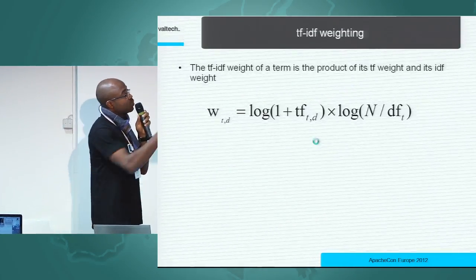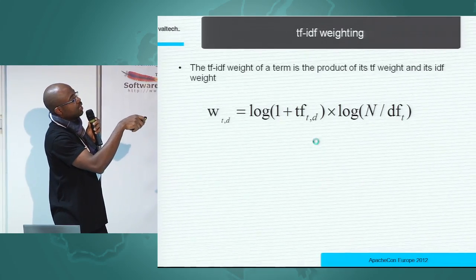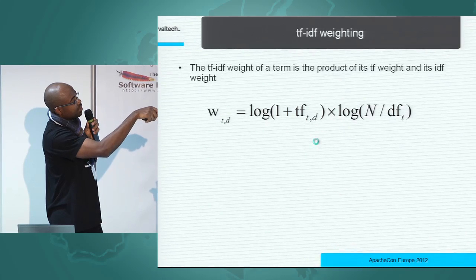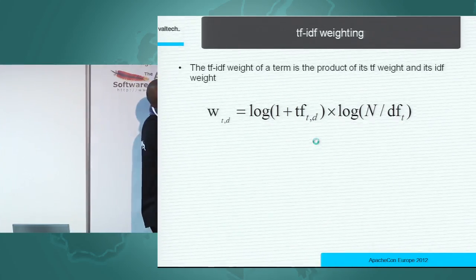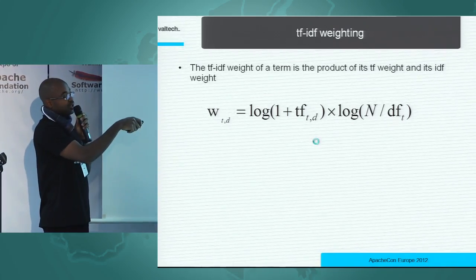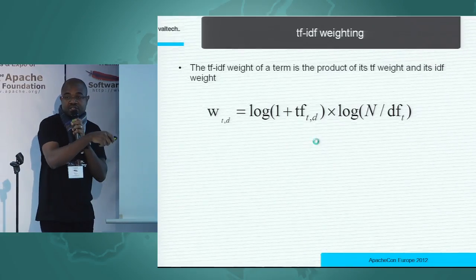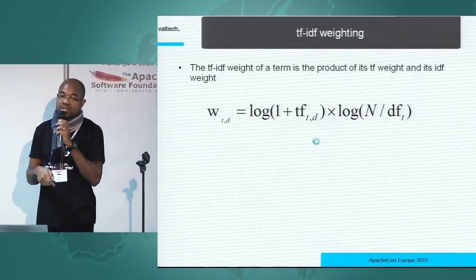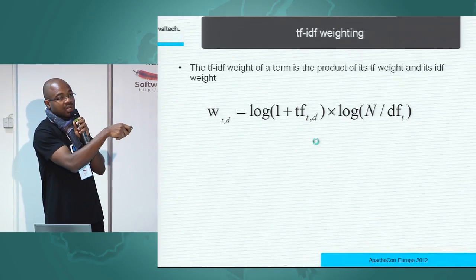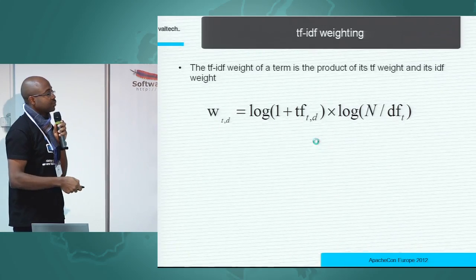And this leads to the weighting scheme called TF-IDF weighting of a term, and the definition is as follows. Here we also have a logarithm to dampen the effect of the term frequency. You have many variations of this. We can use other sublinear expressions, and you will see that Lucene uses the square root as a damping function.